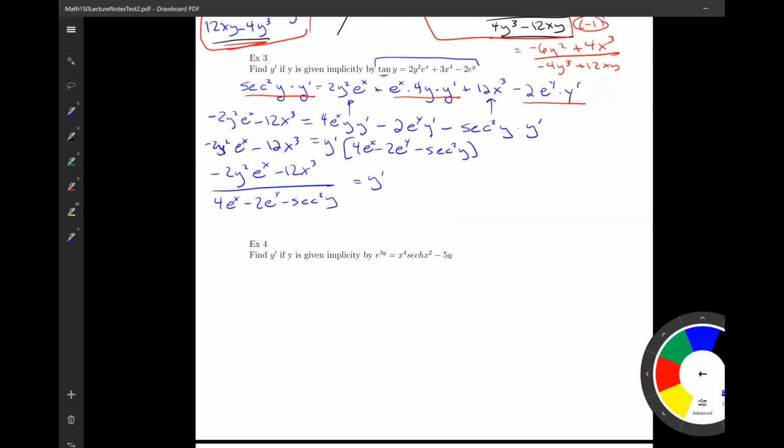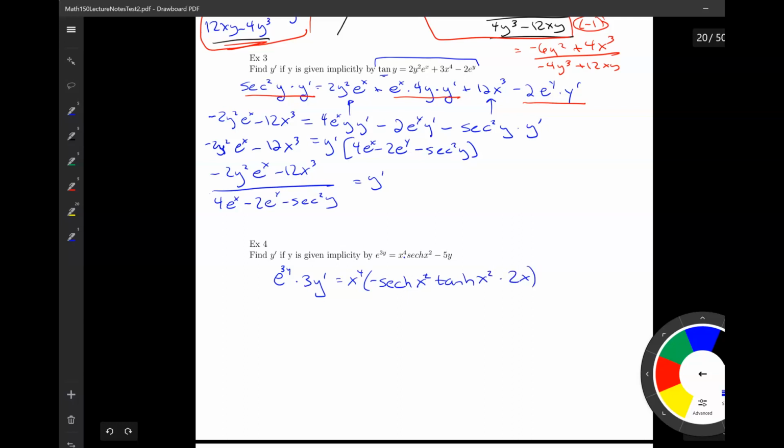Let's finish off with one more. So let's take the derivative here. So derivative of e to the 3y would be e to the 3y times 3y prime. And then moving on to here, there's a product. So first d second, hyperbolic secant x squared, hyperbolic tangent x squared times 2x.